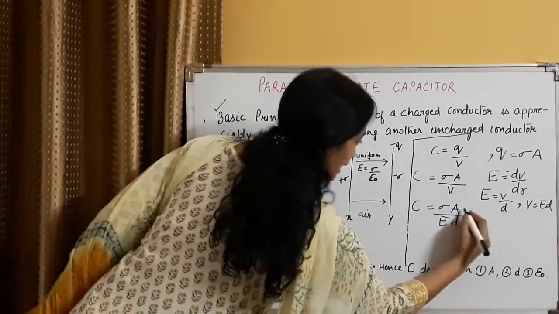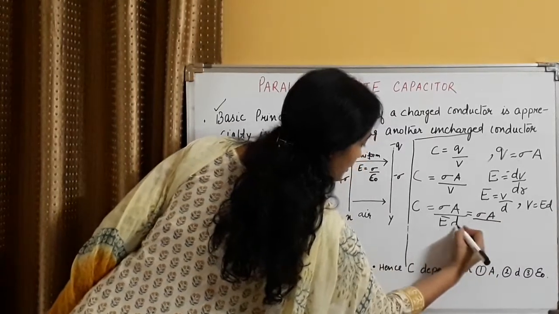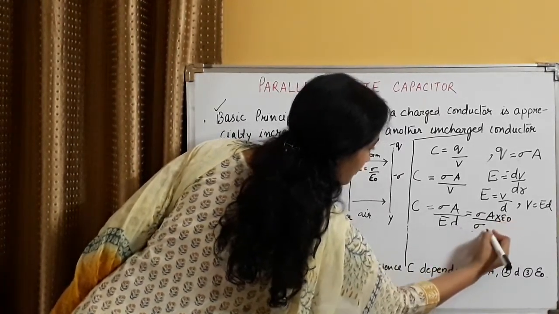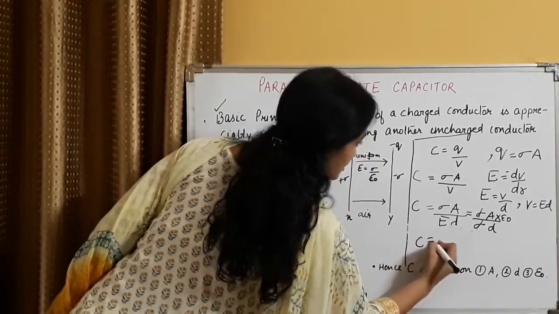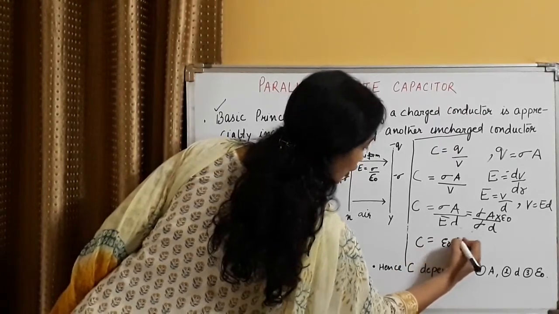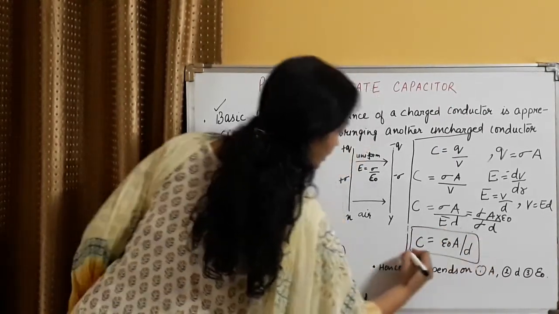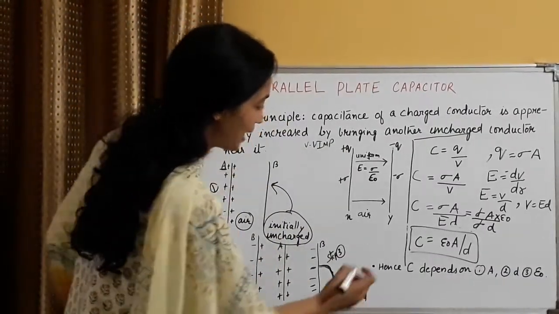This can be written as sigma A upon sigma by epsilon naught times d. Sigma gets cancelled. C is equal to epsilon naught A upon d. This is the final expression we are getting for capacitance.